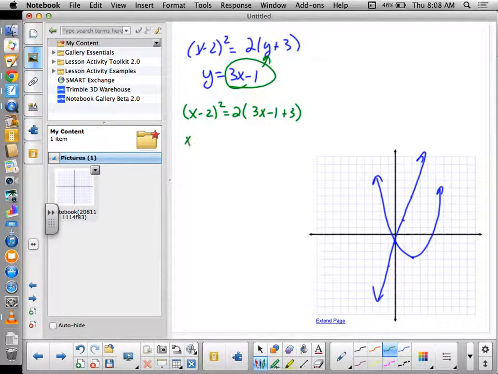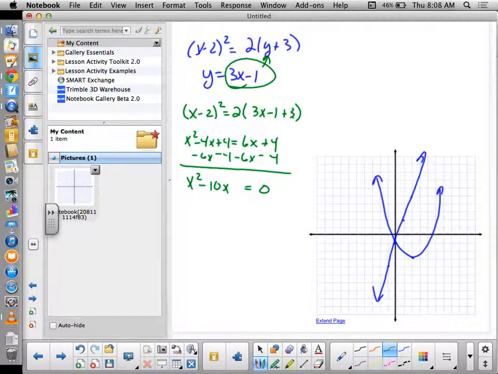Foiling this out, this is x squared minus 4x plus 4, equals 2 times 3x, which is 6x, plus 2, so that's going to be plus 4. Subtracting 4 from both sides, subtracting 6x from both sides, I get x squared minus 10x equals 0. So I factor that, that's x times x minus 10 equals 0, so x equals 0 or x equals 10.